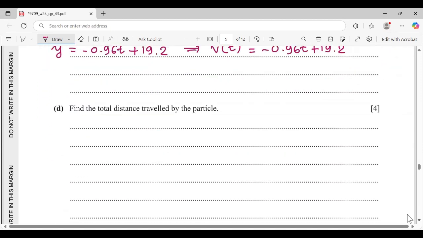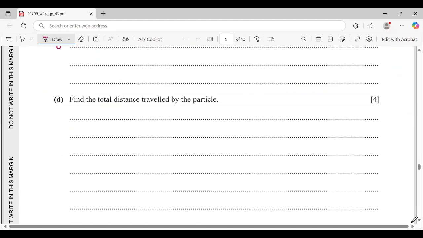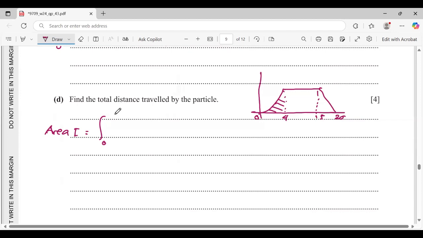Next question. Find the total distance traveled by the particle. If you look at the graph like this, this is 4, this is 15, this is 20. So first, we're going to find this area, area 1. The integral from 0 to 4 of 0.3t squared dt.